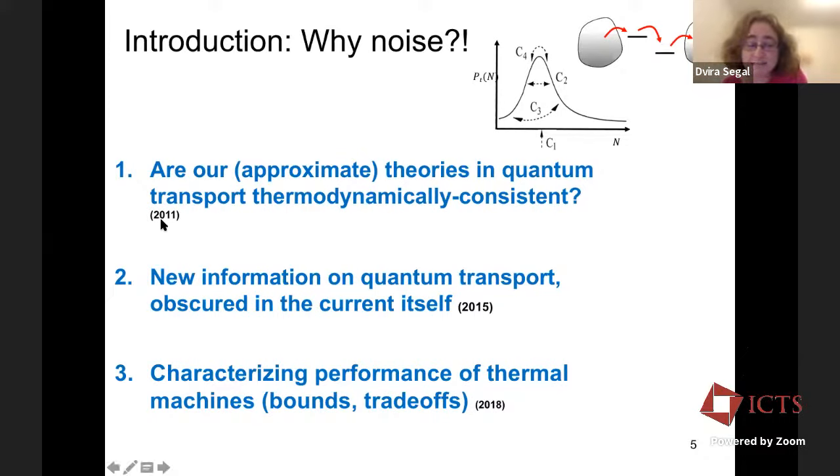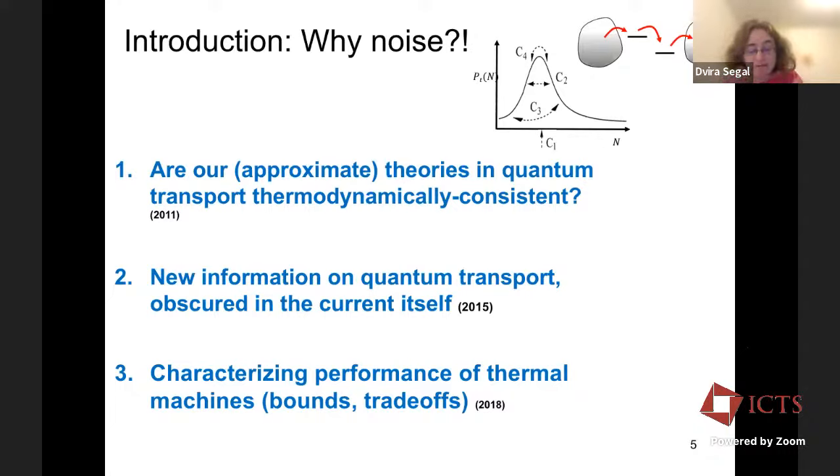When we started about 10 years ago thinking about it, it was purely from the theoretical point of view, where we had developed a certain technique to study quantum dynamics and quantum transport. Obviously you have to make some approximations, whether you do a perturbative expansion in the system-bath interaction, or interactions are taken only in a certain simplistic way.